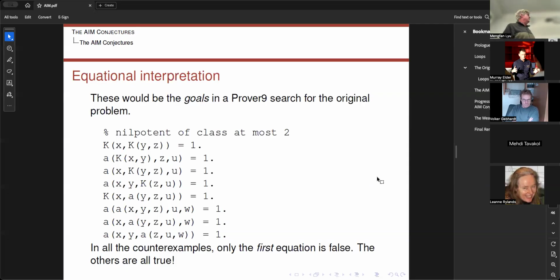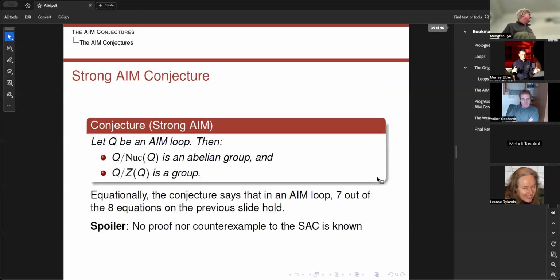Now, my philosophy of conjecturing is go big or go home. So I said, let's just go for it. I made a conjecture, even though the only evidence was that a bunch of counterexamples satisfied this. This is called the strong AIM conjecture. Here's the high-level version: if you have an AIM loop, so the inner mapping group is abelian, then the factor by the nucleus is an abelian group, and the factor by the center, which is smaller, remember, is just a group.